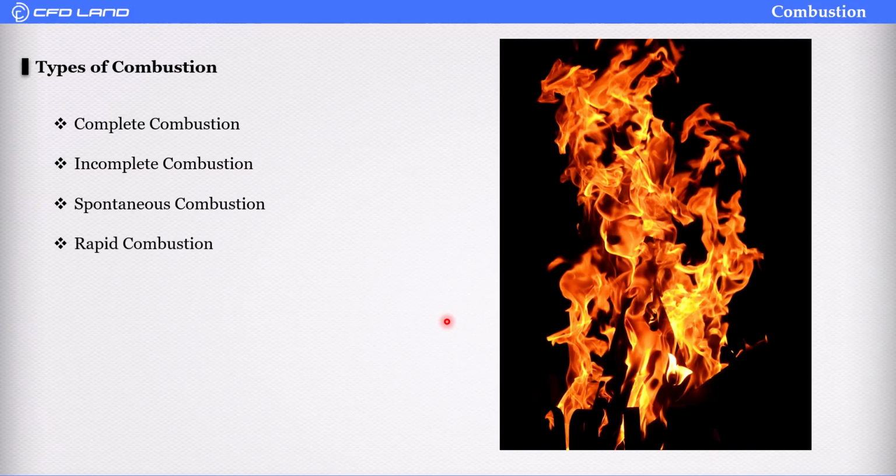We have rapid combustion, that is like burning LPG, liquid petroleum gas, in our gas stoves, the ones you use for cooking. We have explosive combustion, well, firecrackers are an example of explosive combustion. We have smoldering or slow combustion.